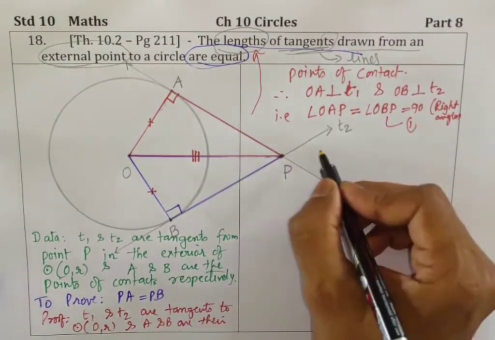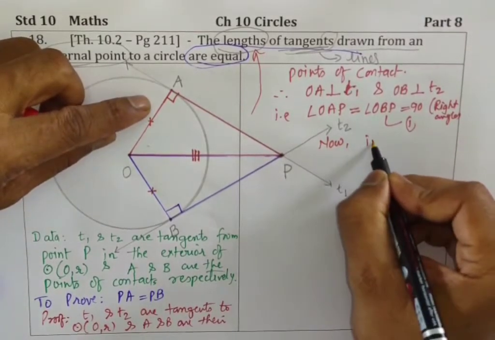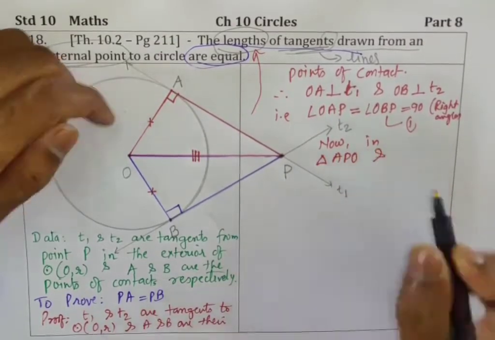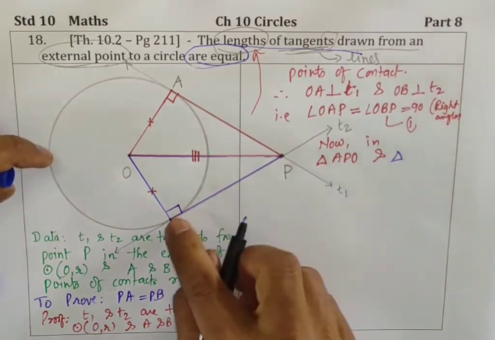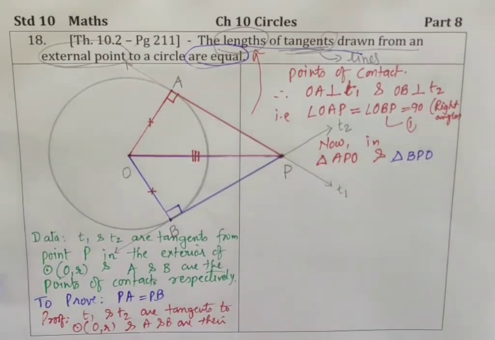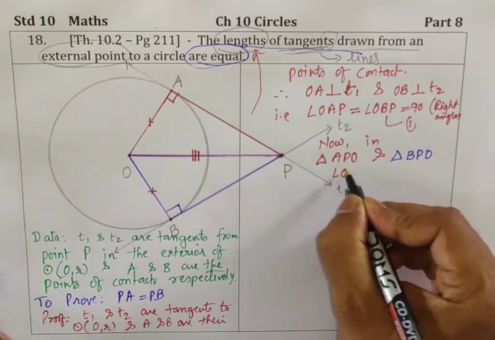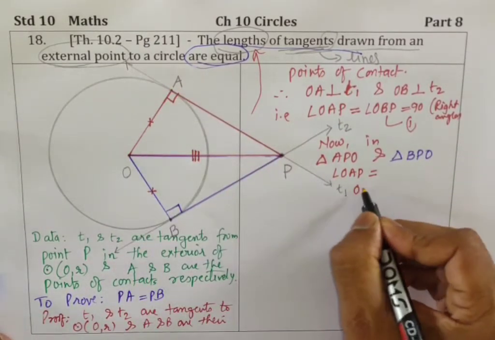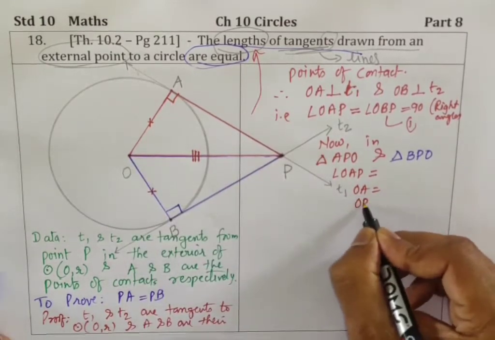So now you can pick up the two triangles. Now in red triangle APO and blue triangle BPO, which parts are congruent? एक तो ये angle AOP is equal, दूसरा OA is equal, तीसरा OP is equal.